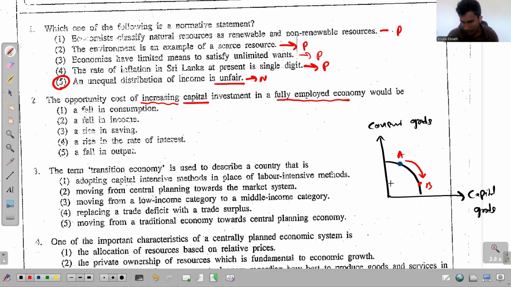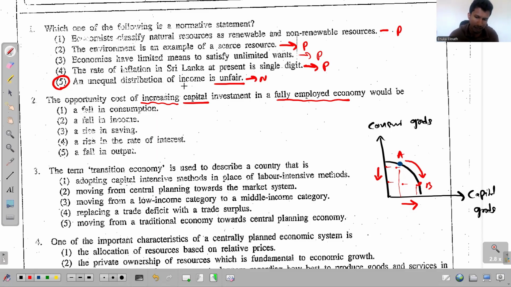Yes, we all see that they can increase the production of capital goods. But as a result, what happens to the production of consumer goods? That decreases, right?